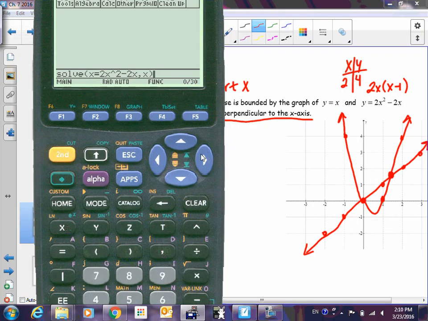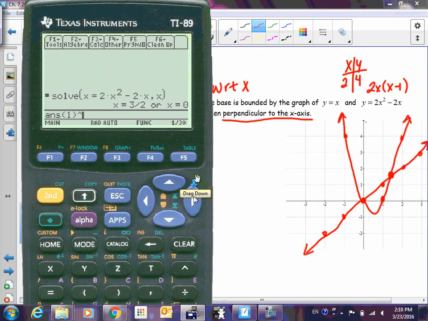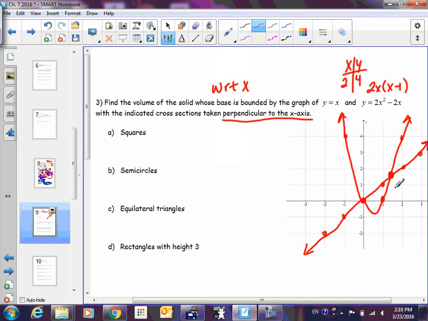Make sure you're practicing this stuff in the calculator. I know that's frustrating when you kind of get stuck on a quiz, but that just means that you probably haven't practiced this as much as you need to. All right, so 3/2 or 1 1/2. So that's a way you can do this without graphing. And I've shown that to y'all before, but again, it might have a little bit more meaning now. I need to know that x value. I don't need to know that y value because I am not doing this problem with respect to y.